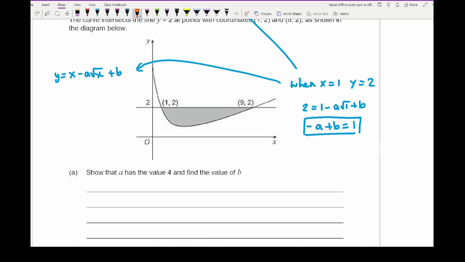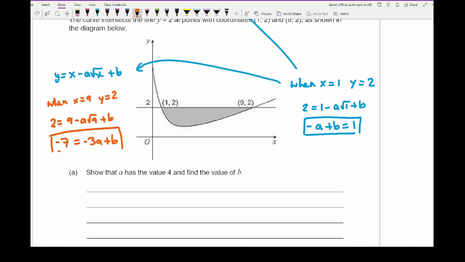Then if I look at the other coordinate, when x equals 9, y equals 2, and I do the same, I end up with 2 equals 9 minus a root 9 plus b. Simplifying all of that, I end up with minus 7 equals minus 3a plus b.